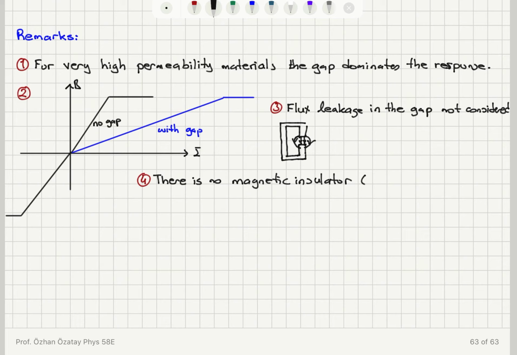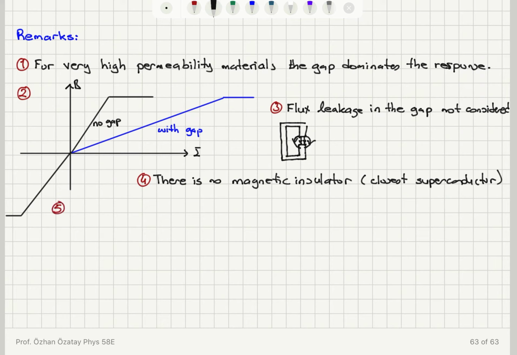The closest you can get is superconductors. Superconductors, due to the Meissner effect, act as perfect diamagnets, so they can act as a magnetic insulator up to a certain field, but not perfect magnetic insulators either.